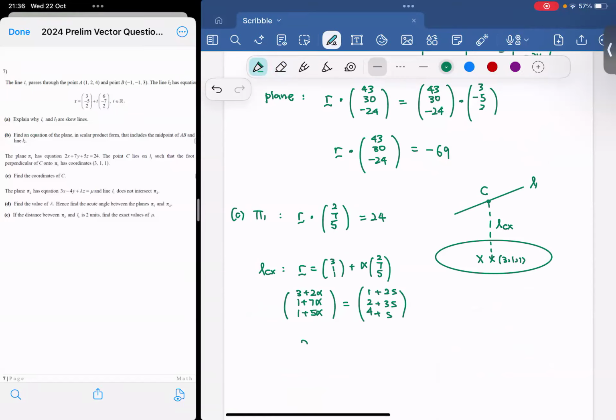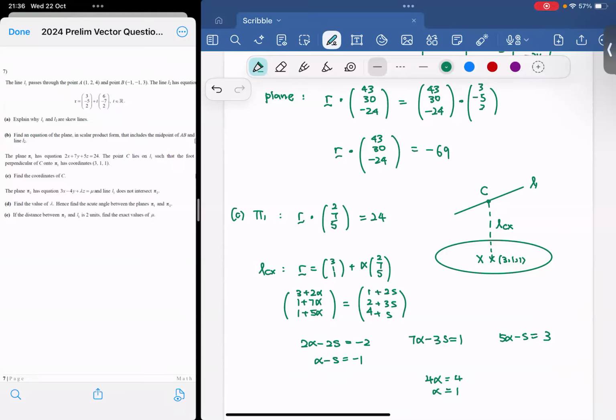Okay, so over here we will have 2 alpha minus 2s equals -2, so alpha minus s equals -1. That's the first equation. The next equation, 7 alpha minus 3s equals 1. And the last equation, 5 alpha minus s equals 3. If you use your GC you will know; I don't have a GC with me now, so I know 4 alpha is actually 4.